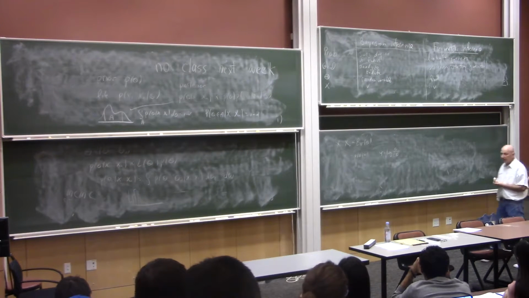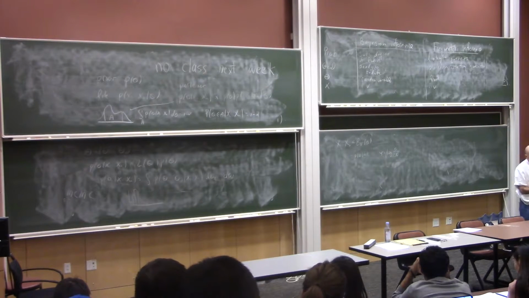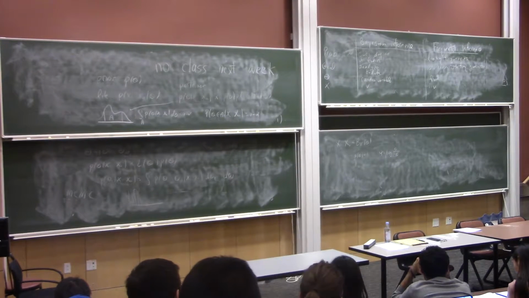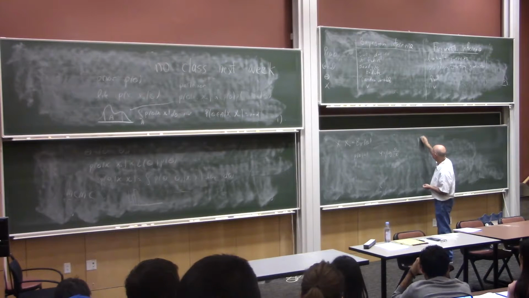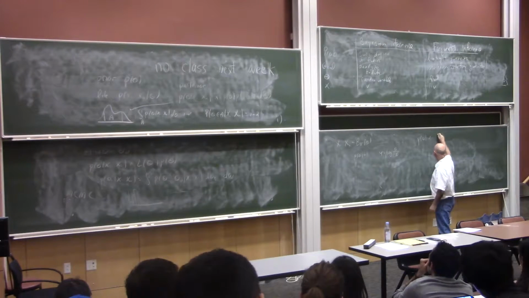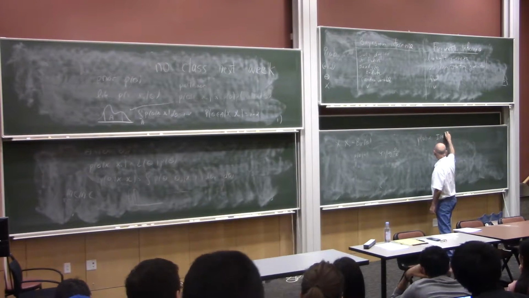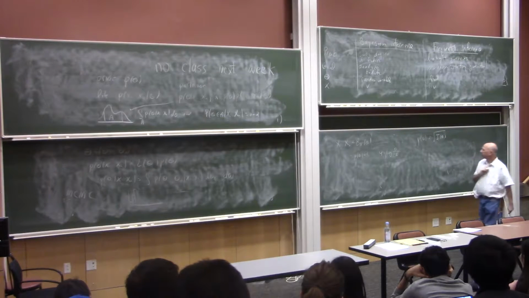Perhaps the most commonly used non-informative prior is what's called Jeffreys prior. Jeffreys was a physicist in the early 1900s who also wrote a book about Bayesian inference. And he suggested the following prior. I'll just write it down in one dimension. He said, take the Fisher information and take the square root.